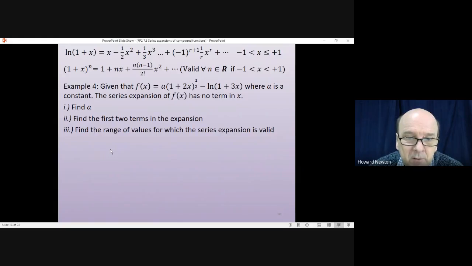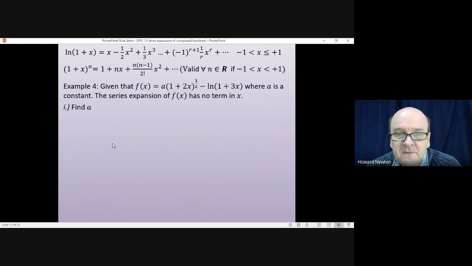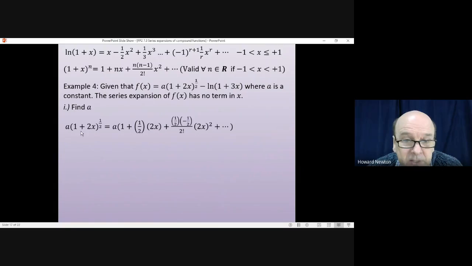Okay, let's have a look. First of all, we're asked to find a. Well, we're going to have to find the expansions for these 2 functions. A into 1 plus 2x to the half, that's the binomial expansion. So that will give me this when I substitute in x is equal to 2x. And that simplifies into a into 1 plus x minus a half x squared. And that'll be enough terms.